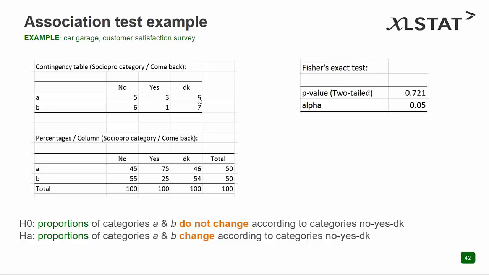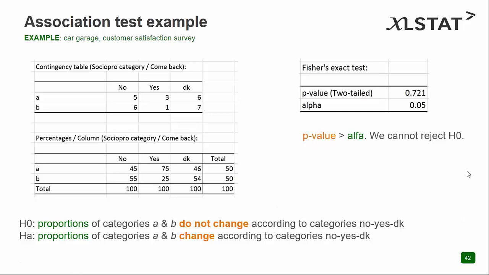Usually when you have larger sample sizes, you have more chance of rejecting H0 if H0 is wrong. So this is the main reason, I think, why we got this p-value, which is very high compared to what we expected according to the results. So the p-value is higher than alpha. We cannot reject H0. We cannot take any decision, actually.